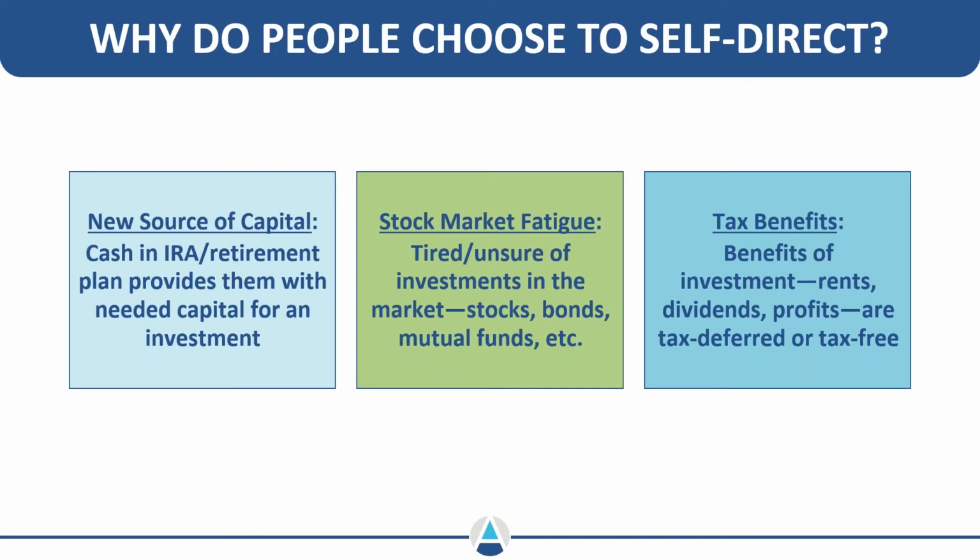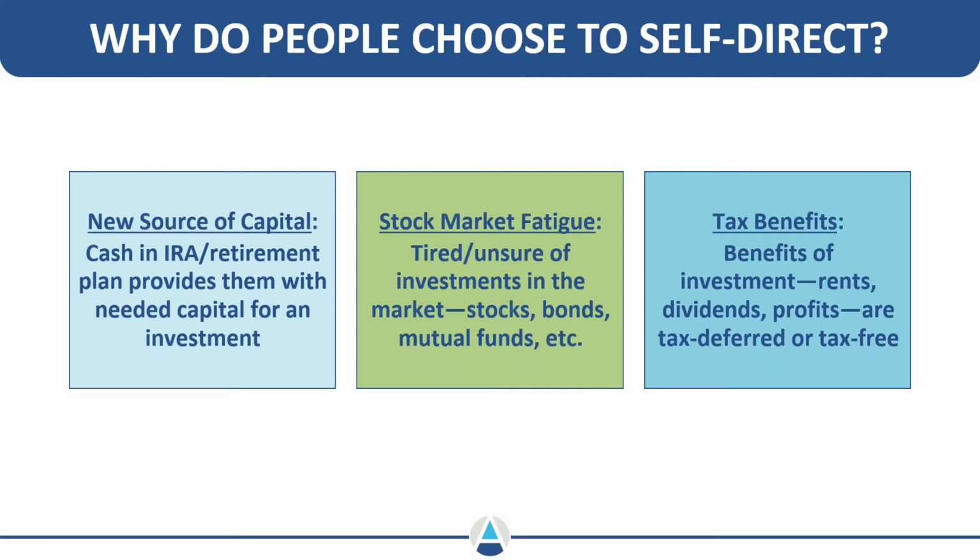Of course, and we're all sort of experiencing this now, is stock market fatigue. They're sort of tired of the investments in the market, the up and down that the market takes at times, and not having tangible assets, for example, in their retirement account. And so when you go to a self-directed IRA, you have the opportunity to invest in something that we consider tangible.